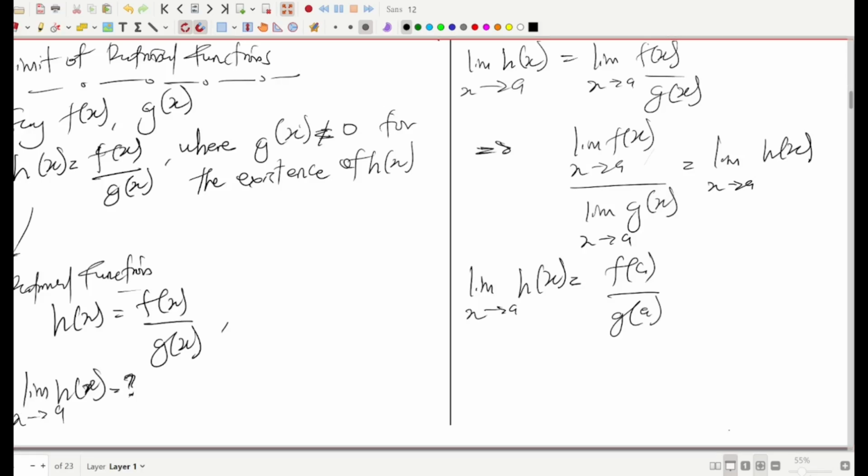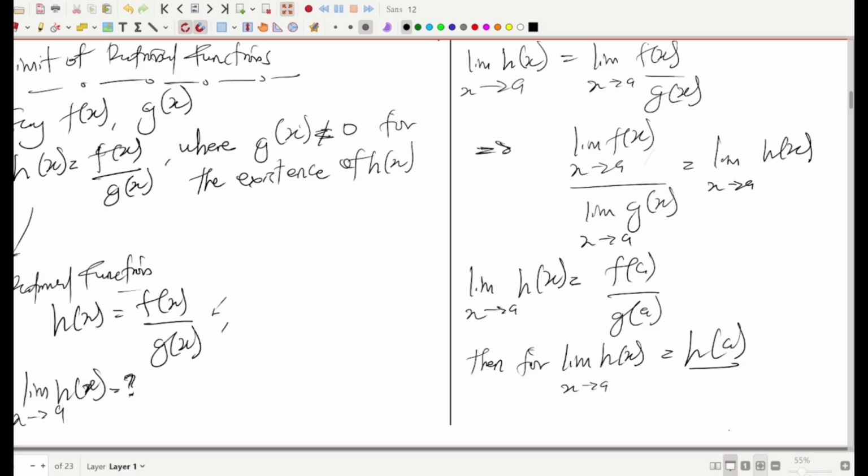Then we can say that the limit of h of x as x approaches a will be the same as h of a. As simple as that. And I think this is self-explanatory because we had h of x being equal to f of x divided by g of x.